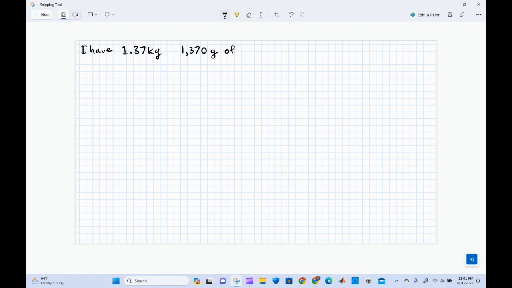Let's call it potassium. I don't think there will ever be that much potassium. Okay, so that's the sample size.